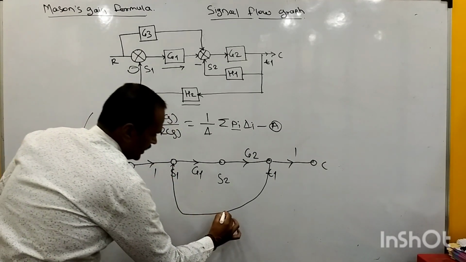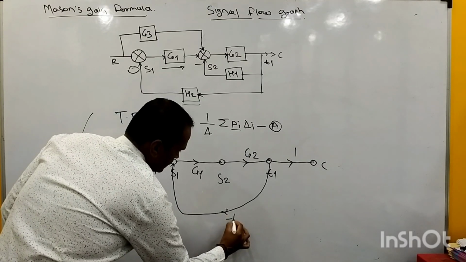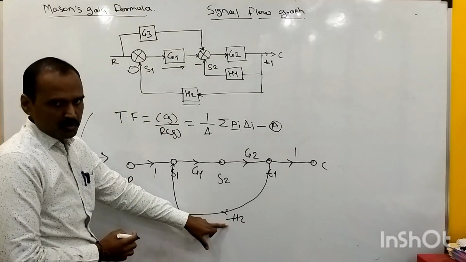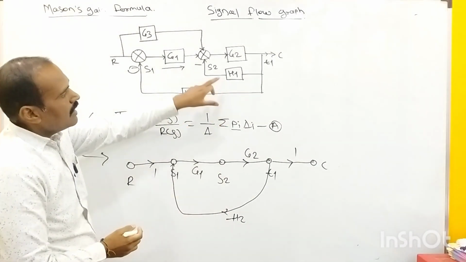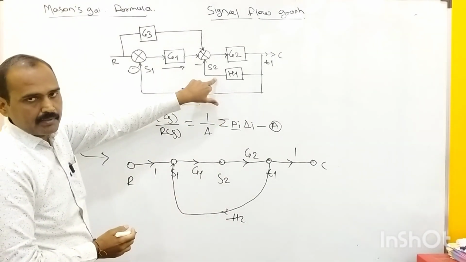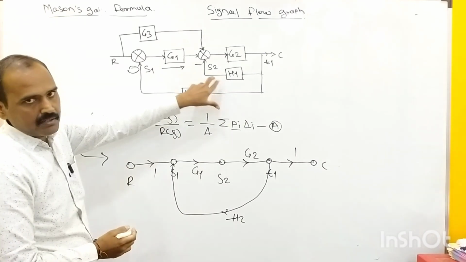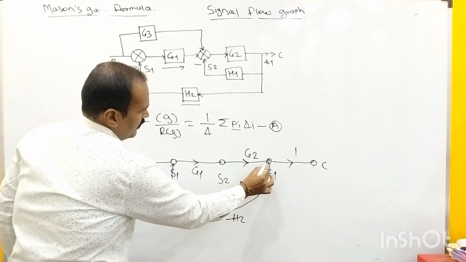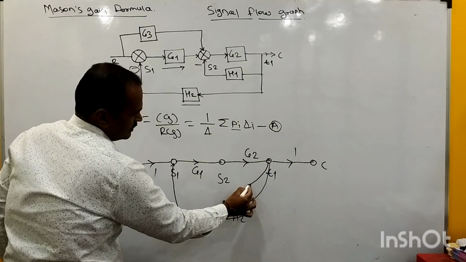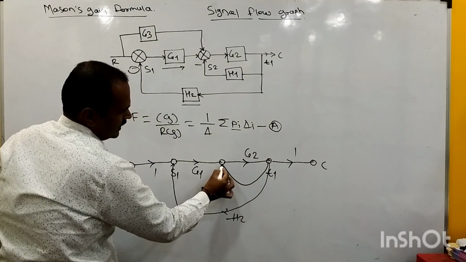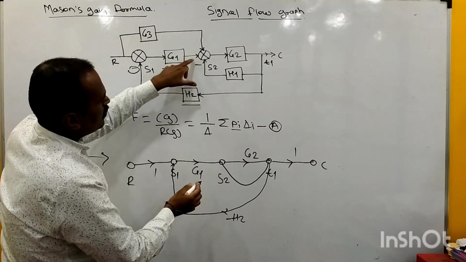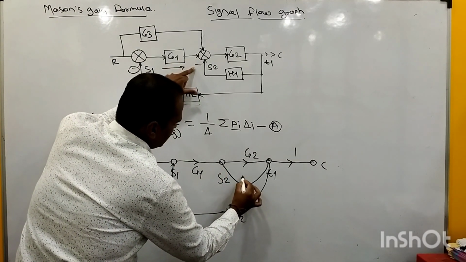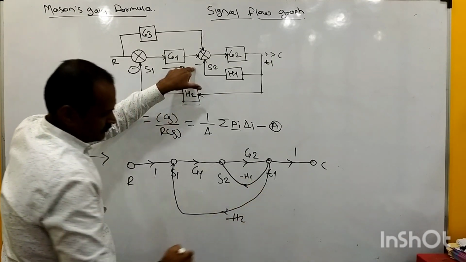With this negative feedback, the gain of this feedback path, due to the negative sign, is minus H2, the outermost feedback. Immediately after that, this is the innermost feedback, whose gain is nothing but H1. It starts from takeoff point number 1 and is terminated at the lower end of S2 with this negative sign. So the gain of this feedback signal is minus H1, right?